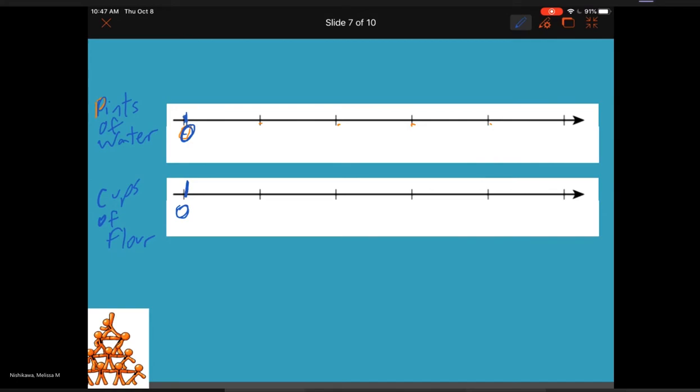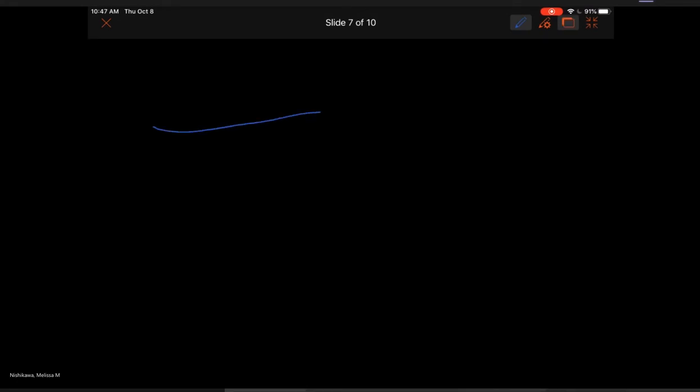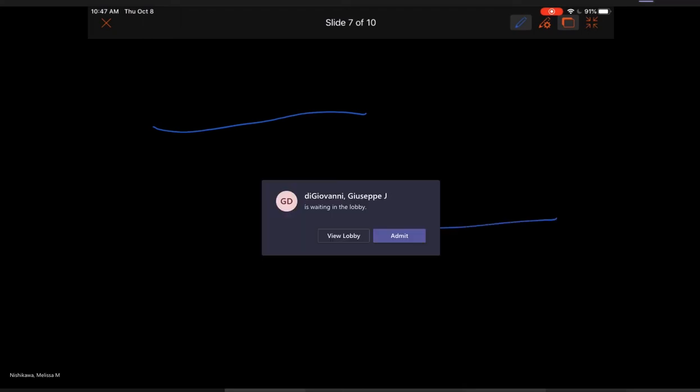You would not want to draw a number line here and then another one here. You need to make sure that they are parallel, like this, and then your tick marks are in line with each other. They need to line up. You cannot have them like this.